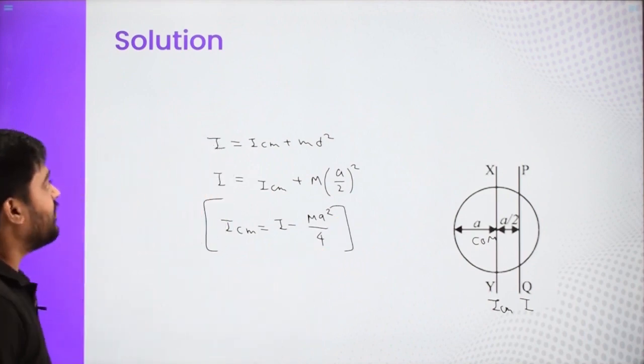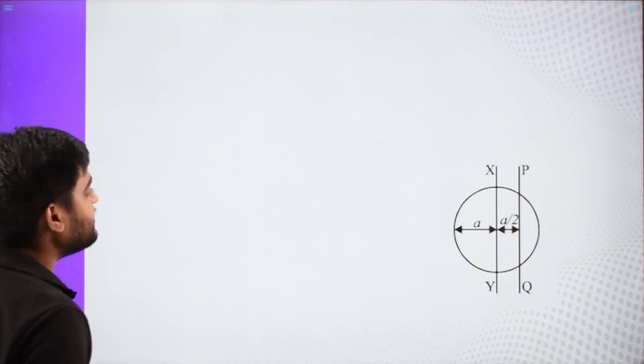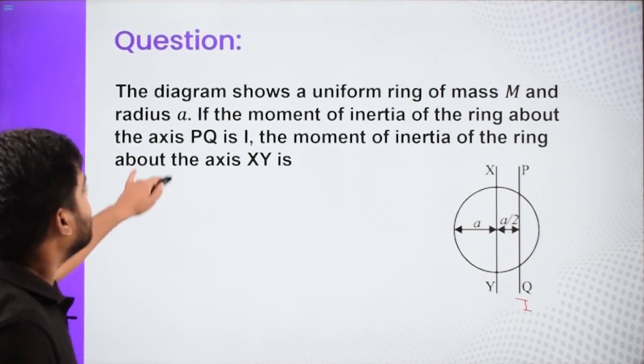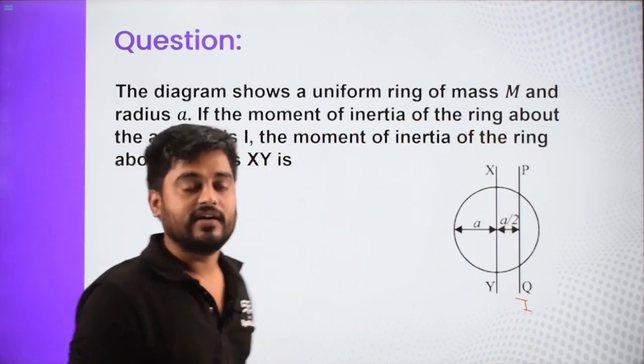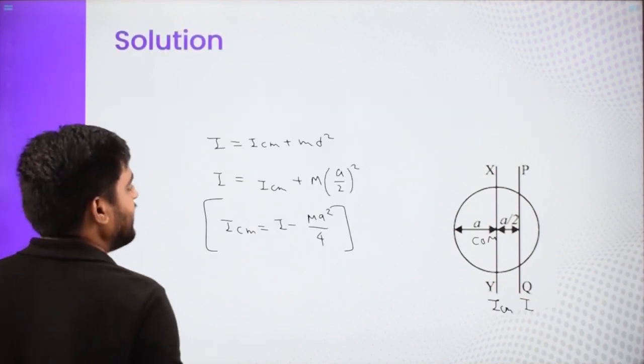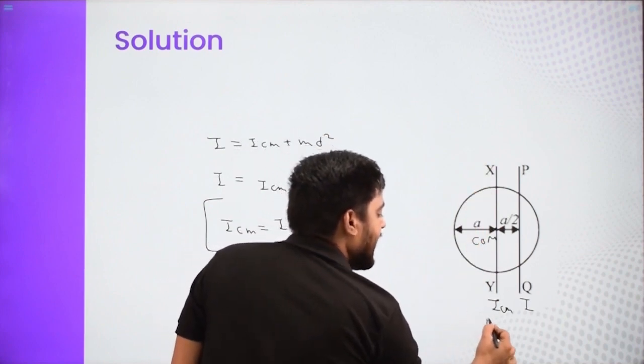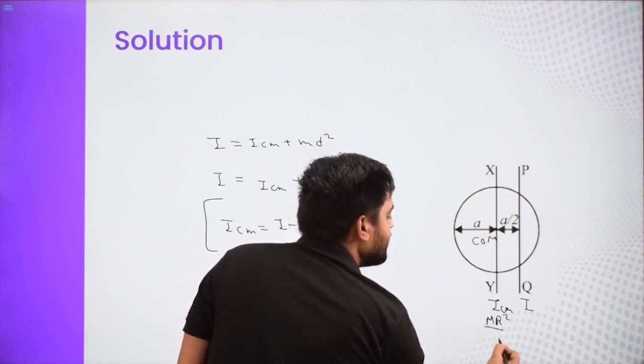Now if we want to get the answer further, this is a uniform ring, and we already know that for the uniform ring the moment of inertia is mr square by 2.